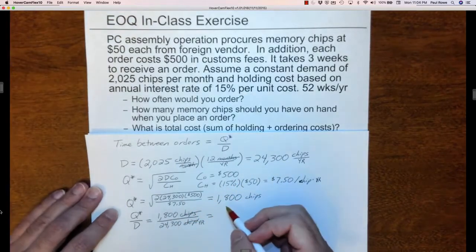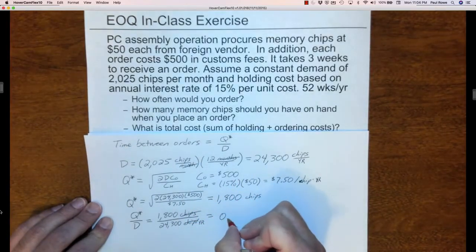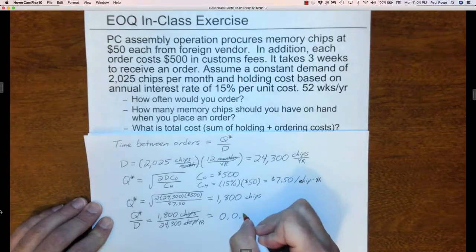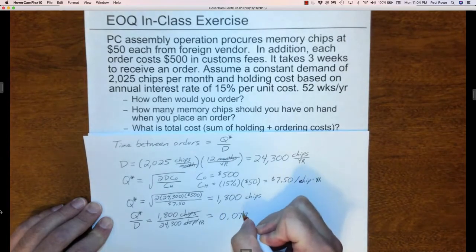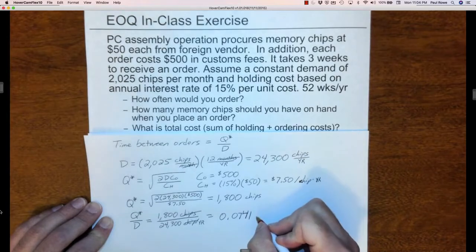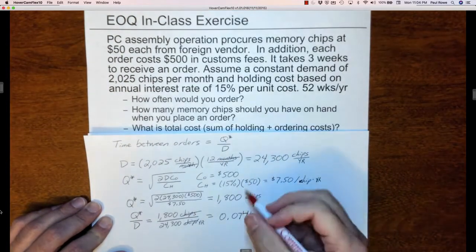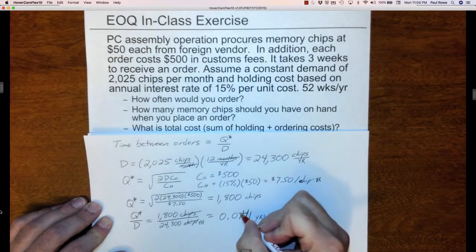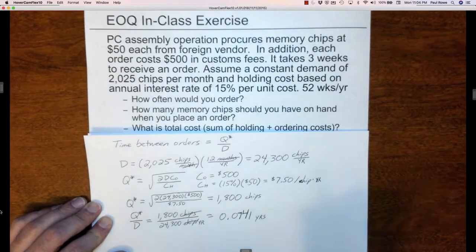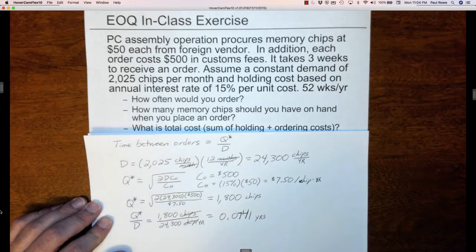So we can see that we will place an order every 0.0741 years. Now, oftentimes people will ask me, how do we know what time unit to use, or what unit of measure should we use?